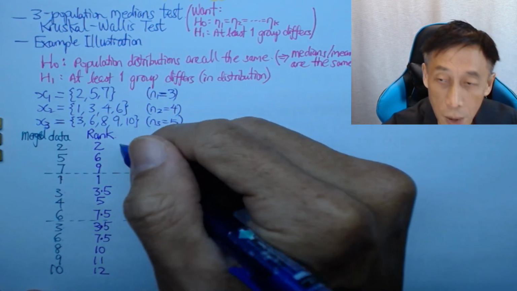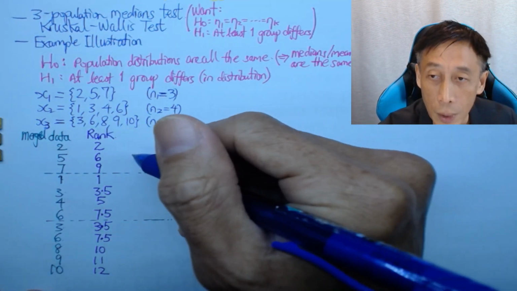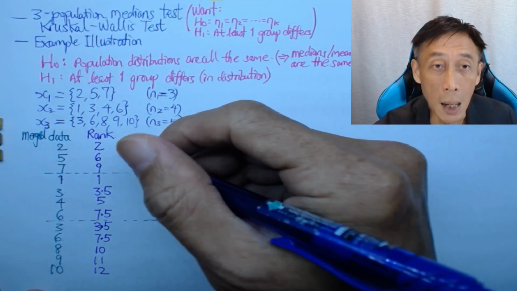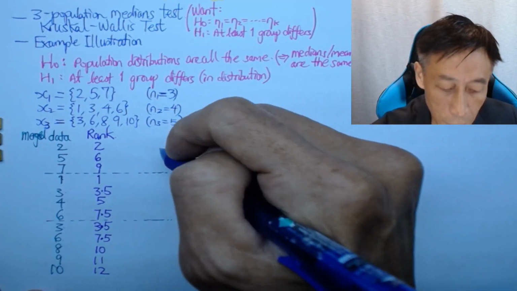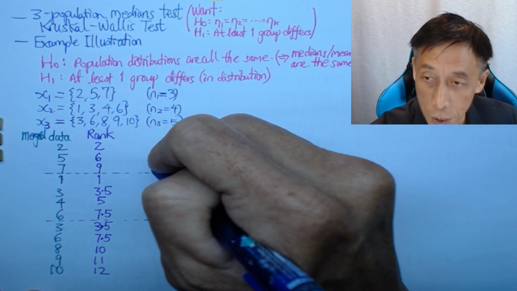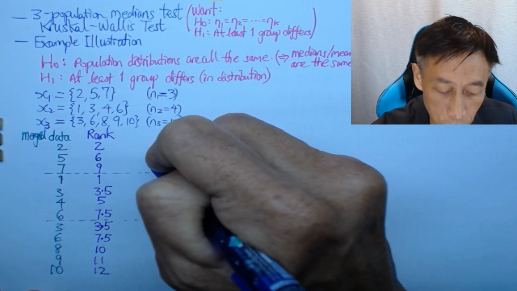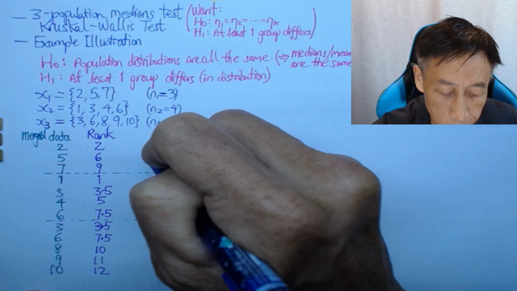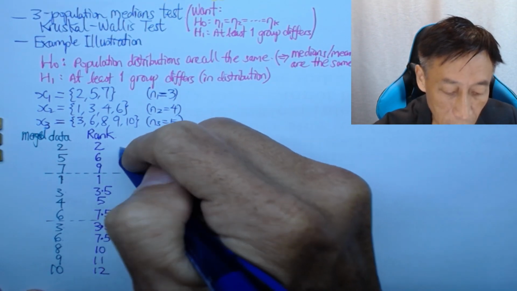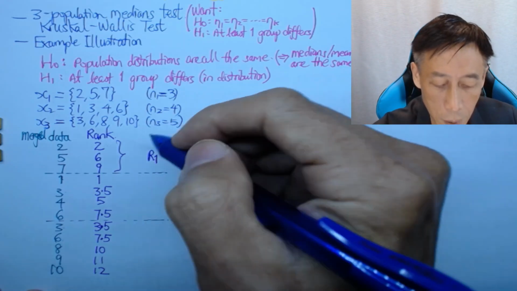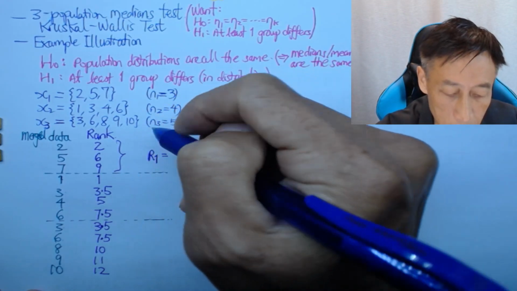Next, we calculate the rank sums for each group. So we get the first rank sum, R1. We add up these guys. The Ri's are the rank sums.